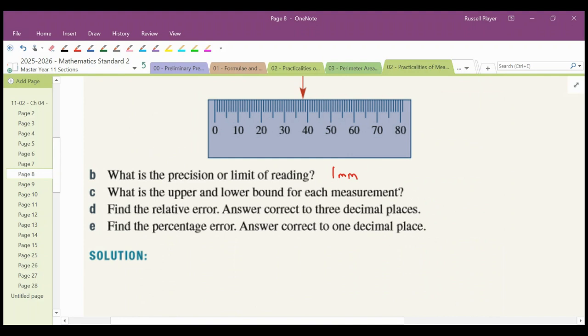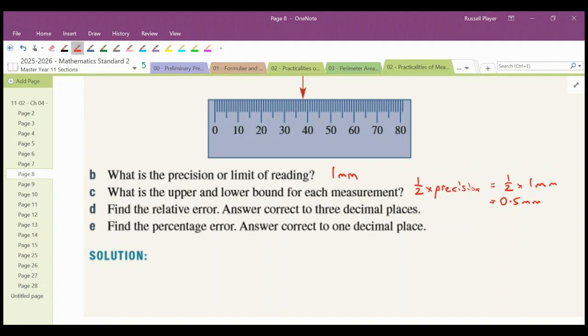But what we're going to do is, with the upper and lower bound, we have to find our absolute error. So our absolute error is our half times our precision, which in this case is a half times 1 millimeter. So it is 0.5 millimeters. That's our absolute error. Every measurement is slightly out. So we're going to be out plus or minus 0.5 of a millimeter.